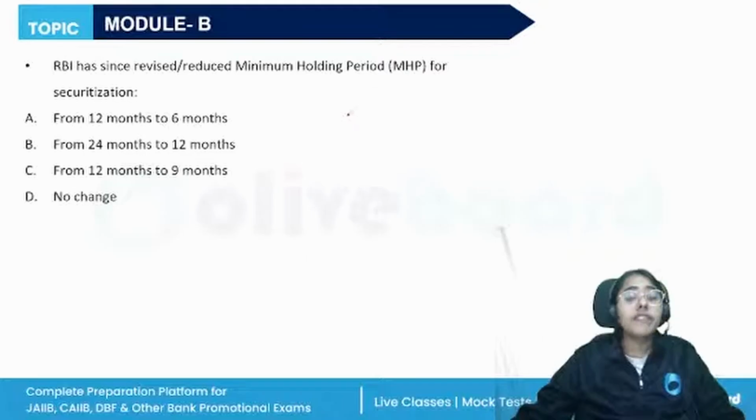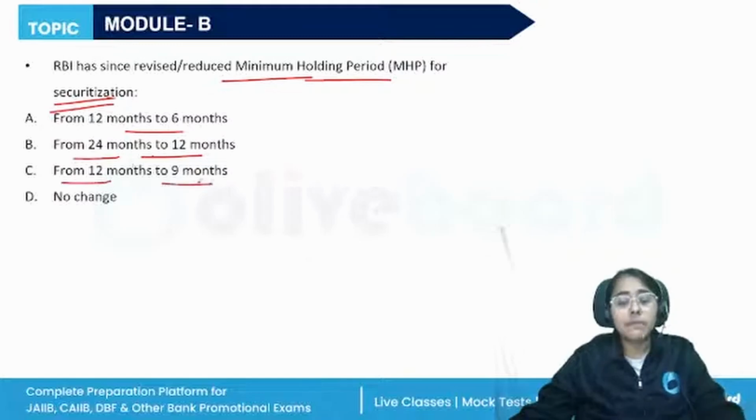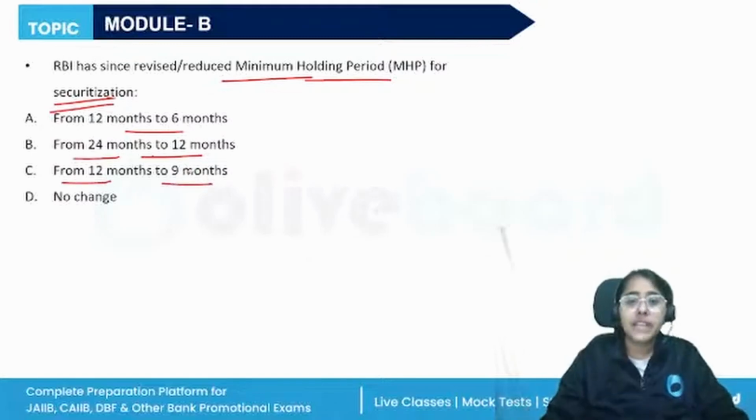Now, according to the revised guidelines, has the minimum holding period for securitization been reduced from 12 months to 6 months, from 12 months to 24 months, from 12 months to 9 months, or has no change been made? When we are referring to the minimum holding period, the originating banks can securitize loans only after these have been held by them for a minimum period in their books.